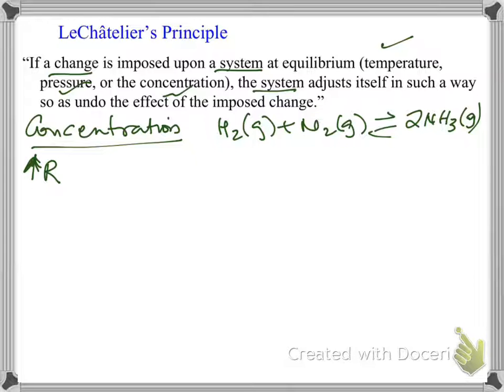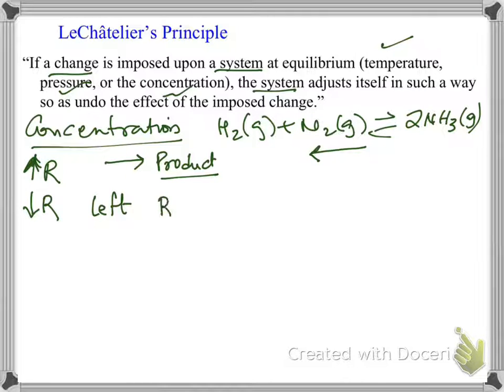And how will it get rid of it? The reaction will move to the right, meaning the product will start forming. If I remove the reactant, then the system wants to make it. That means your reaction is moving to the left and is going to start making reactant.